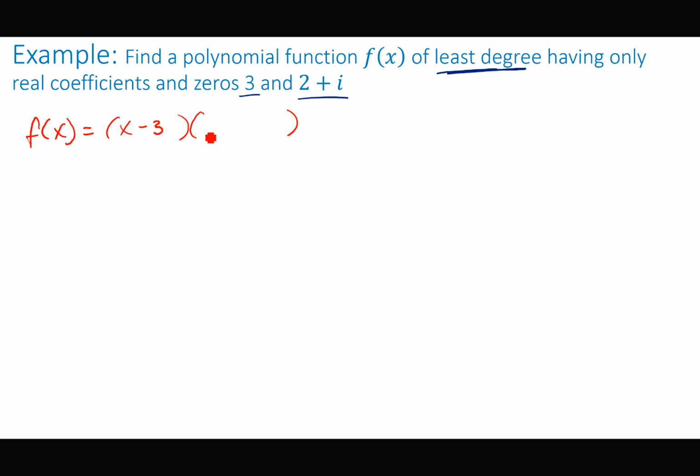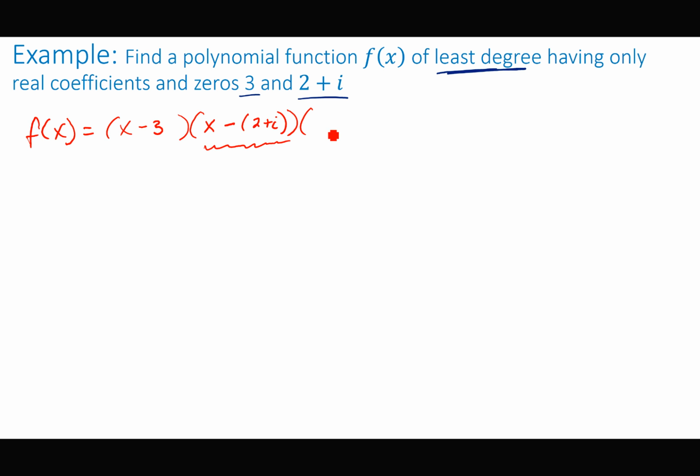So it's going to be x minus, in parentheses, 2 plus i. Because this 2 plus i is my piece that I'm putting in here, but it's x minus that. So again, if I was given this and I ask what's the zero, how do I make that zero? Well, if I put a positive 2 plus i in there, because 2 plus i minus 2 plus i is 0.